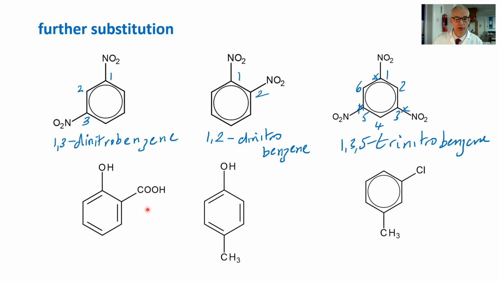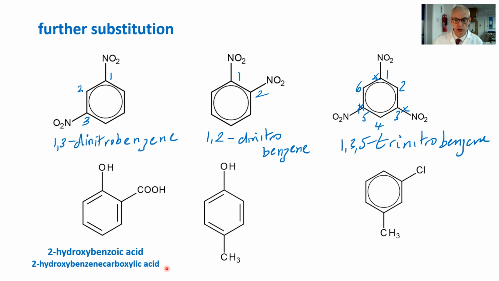Well, we've got a carboxylic acid group, so I'm going to go for benzoic acid, and if that's my naming stem, well then this is carbon number 1 and this will be carbon number 2, so I'm going to say 2-hydroxybenzoic acid. Alternatively, 2-hydroxybenzene carboxylic acid.